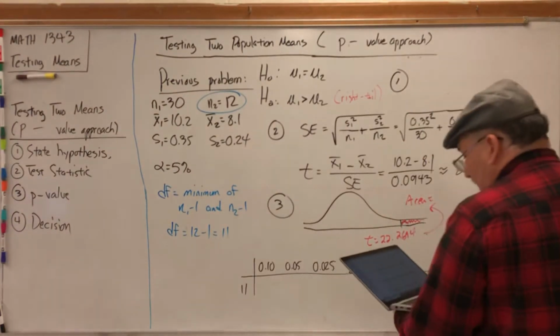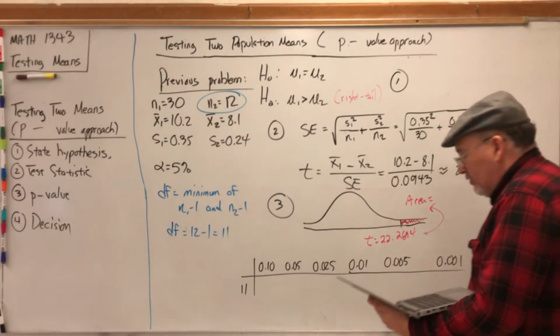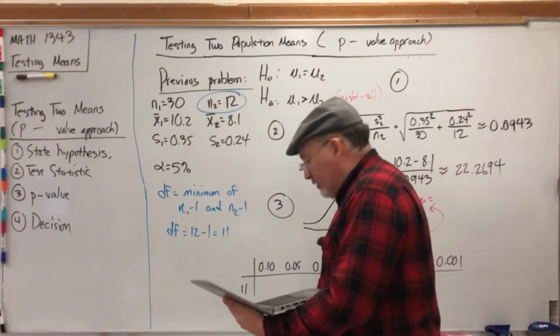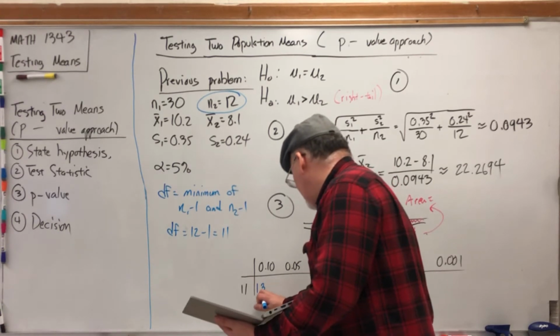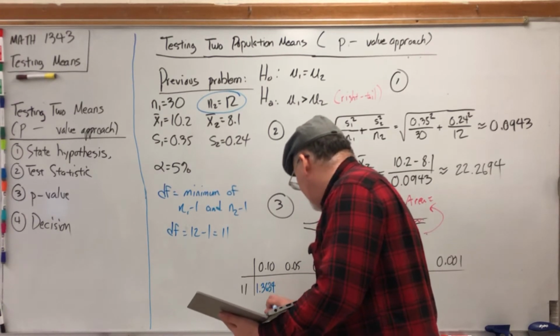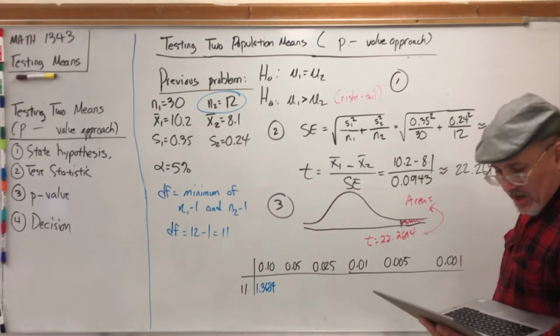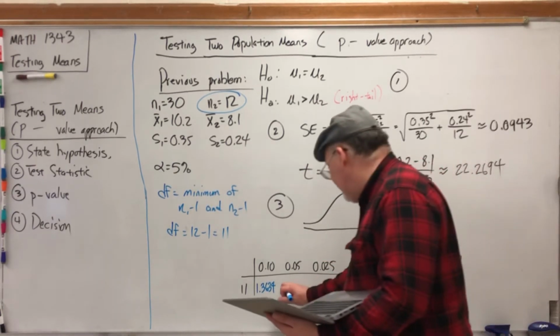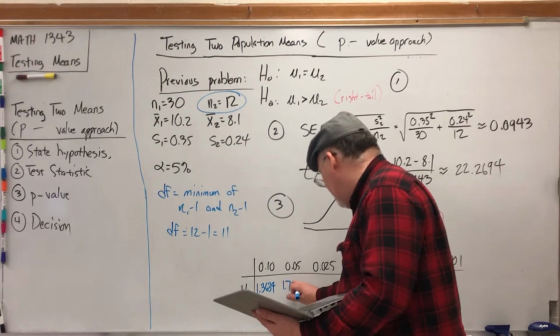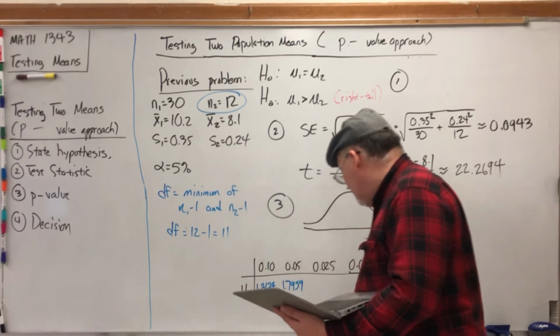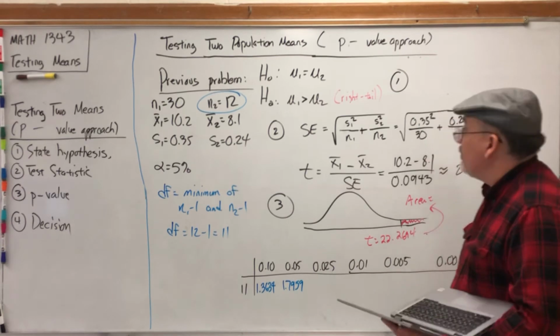All right, so if I go to the 11th row, from left to right, the t-scores are 1.3634. Normally you wouldn't write these down, but I want them to be in the video. The next one is 1.7959. The negative of that was our critical value previously.